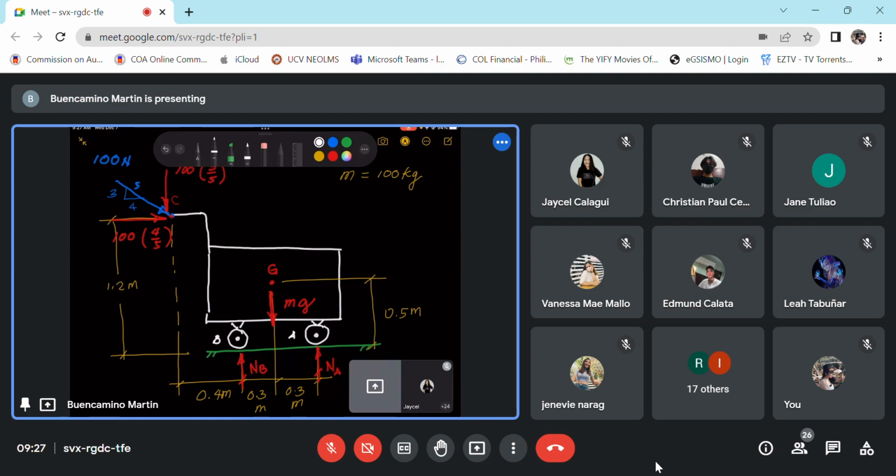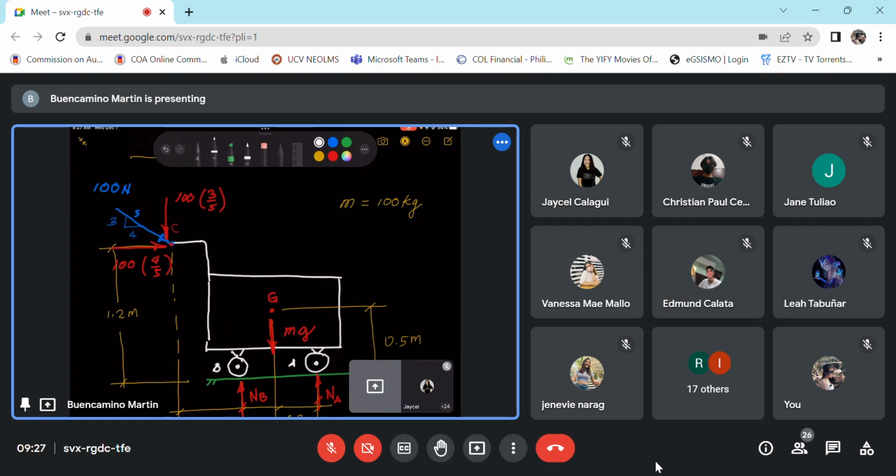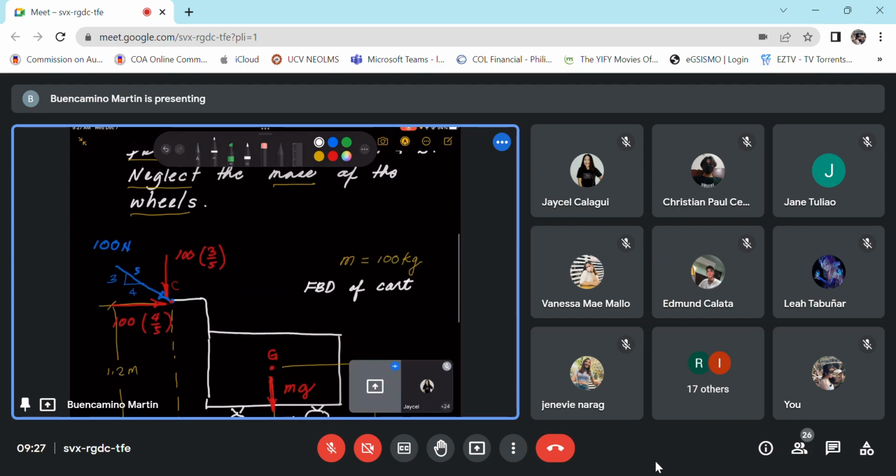So, ito na yung free body diagram of the cart. This is now the FBD of the cart. And it is moving in the X direction.